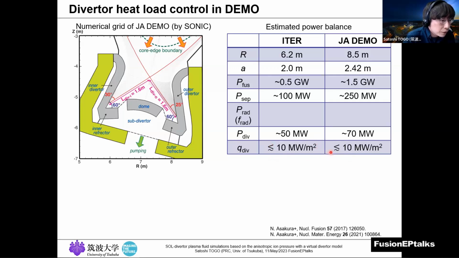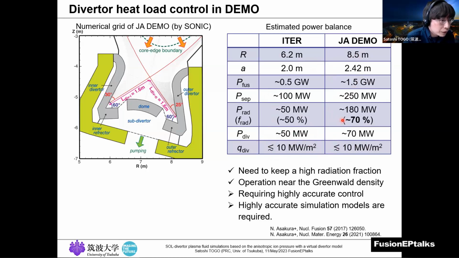Then we simply assume that the plasma wetted area is proportional to the major radius, and the divertor tolerable power P-div is estimated as shown here. So the gap between P-sep and P-div is the power we need to mitigate in the SOL-divertor region. The power mitigation is planned to be performed mainly by impurity radiation, so it is denoted by P-rad. The fraction of it to P-sep is estimated to be about 70% in JA demo, while it is about 50% in ITER.